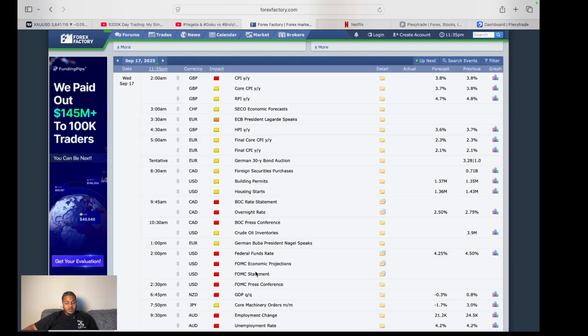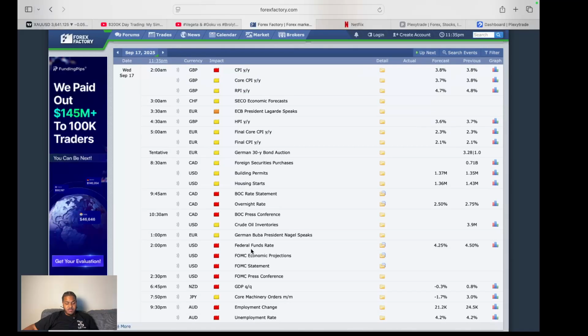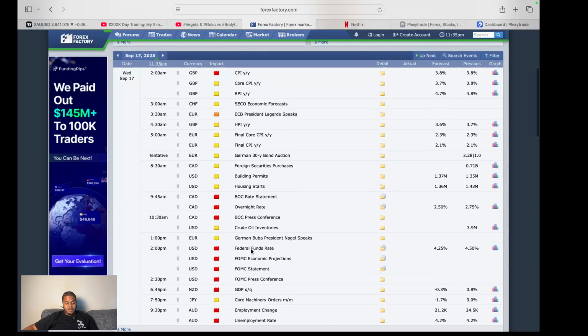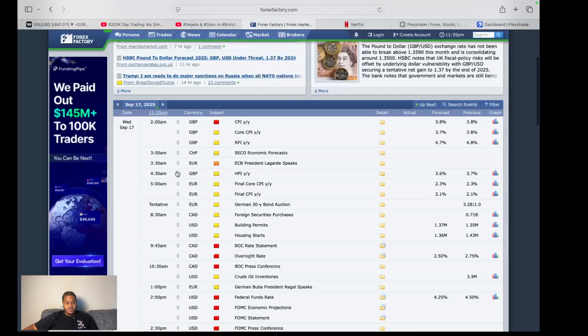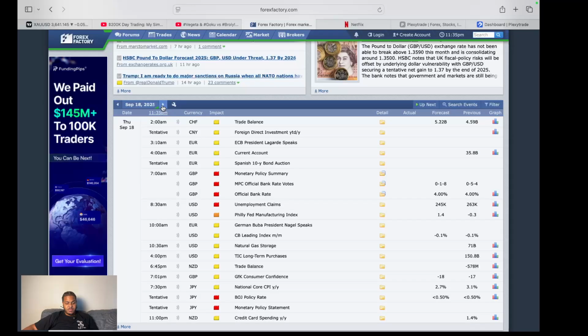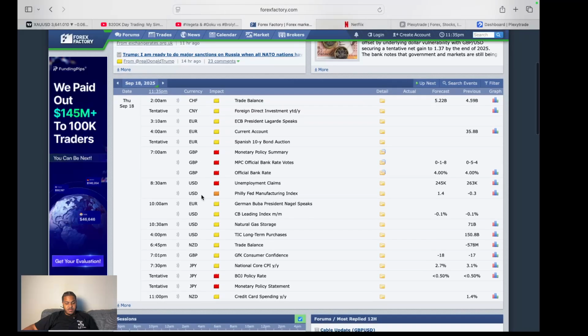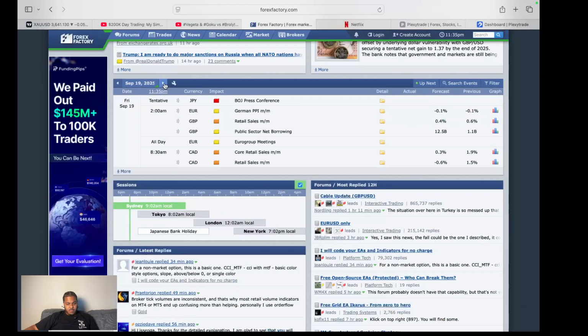A lot of news events on Wednesday, about four, so the market definitely might move on Wednesday. Wednesday and Thursday going to be real good. Monday and Tuesday going to start off slow, and then it's going to pick up towards the end of the week. Nothing on Friday. All right, cool.